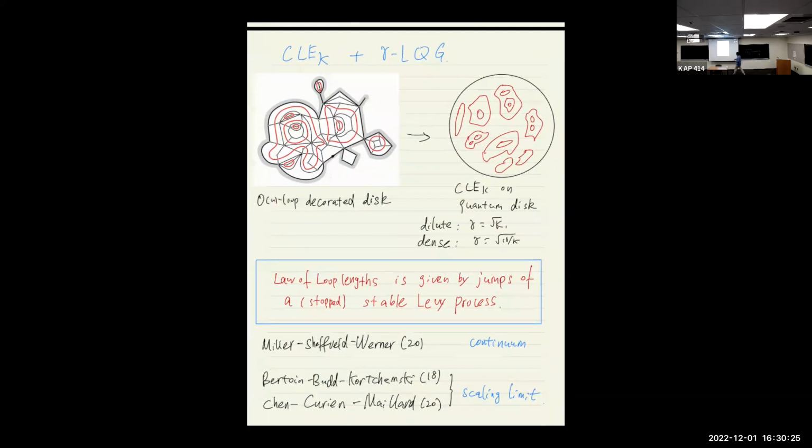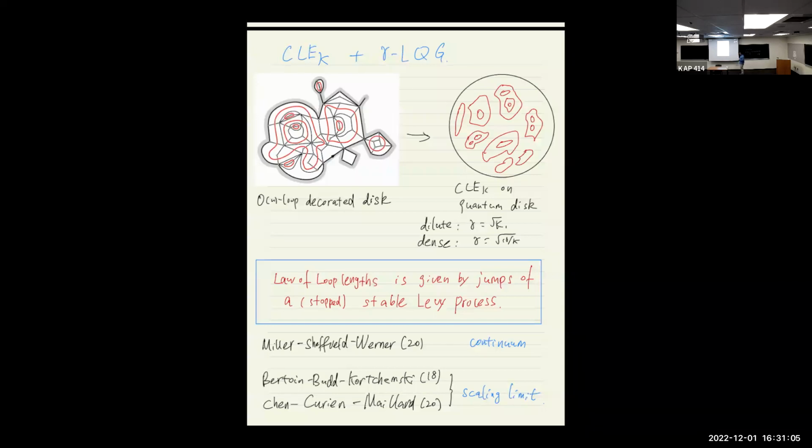So here, what we consider is the so-called O(n) loop model decorated disk, where I have a disk and I also have a collection of loops, and this collection of loops follows some distribution of the O(n) loop model, and then it is conjecturally convergent to a random collection of curves called conformal loop ensemble with this kappa parameter. So in this conformal loop ensemble, every single curve locally looks like an SLE curve, and collectively it is a conformally invariant collection of SLE loops. And the underlying surface is also this quantum surface.